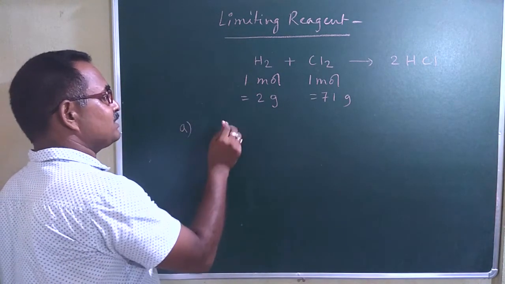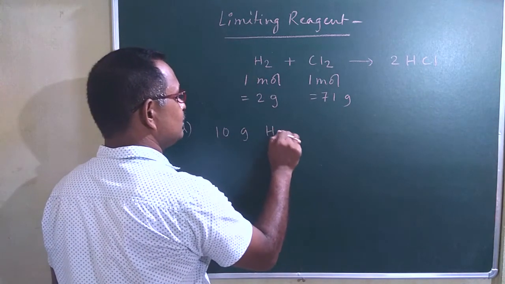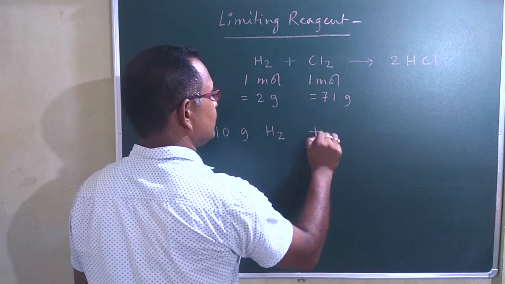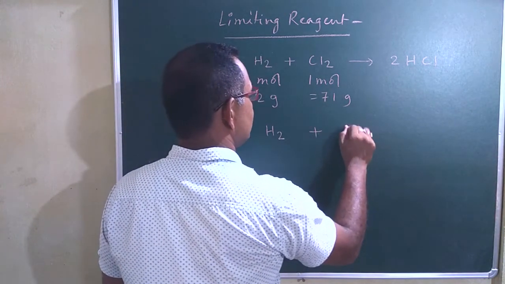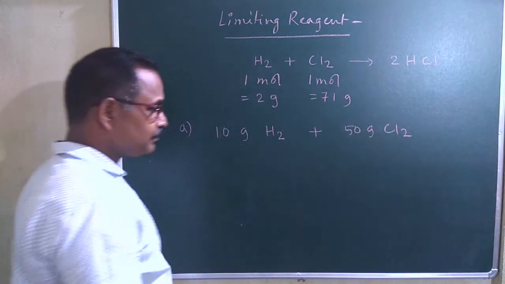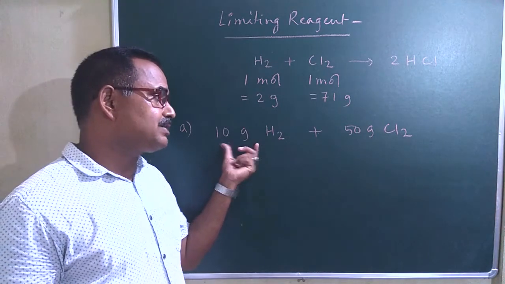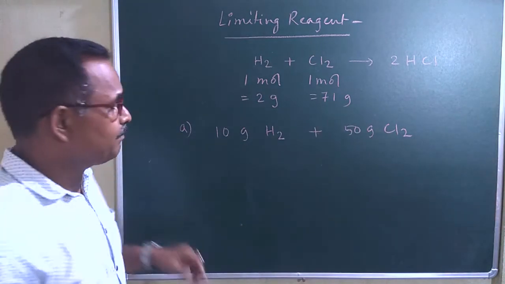Suppose we have a reaction mixture of 10 gram hydrogen and 50 gram chlorine.